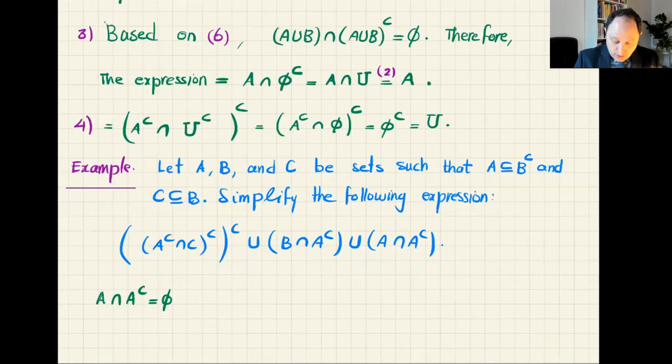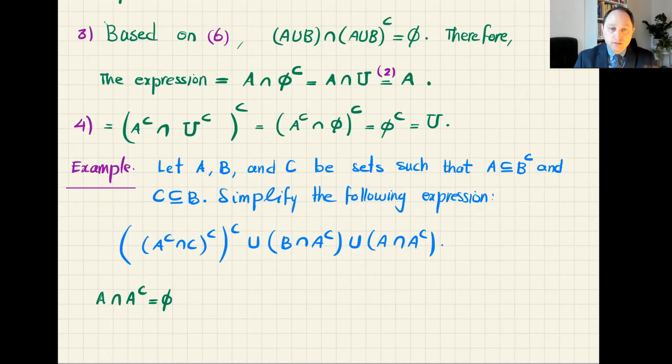For this one, I cannot write anything unless I have given some more information. So here I have two pieces of information. I need to use them properly, so that I might be able to simplify these expressions. Can you comment on this one? Can I simplify this more than this? In general, no, but might be this will help me to simplify this a little bit more.